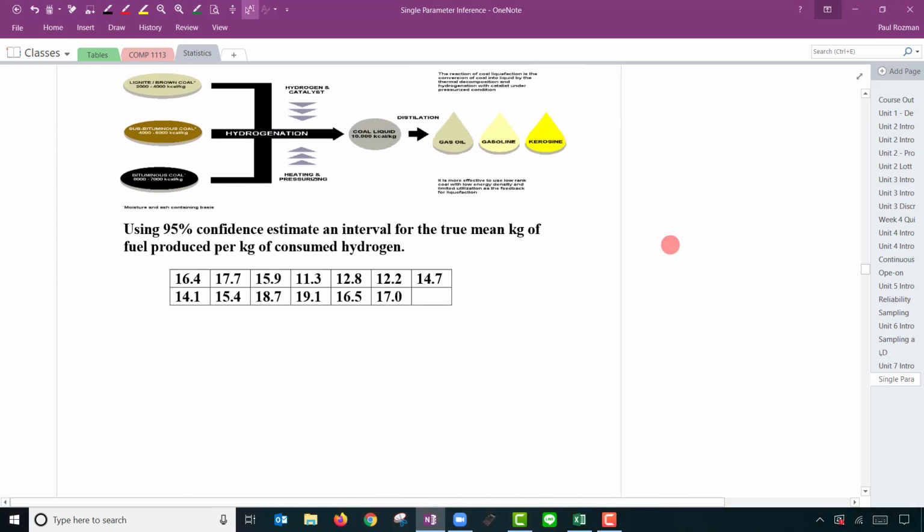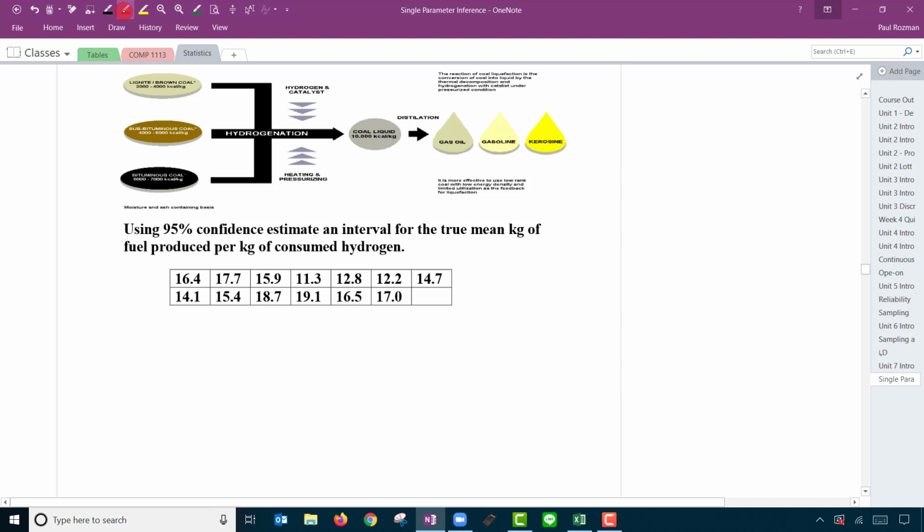So we do a test, and we take a few samples here, and we measure the kilograms of fuel produced per kilogram of hydrogen consumed in the process. And here's our data. It's a really small data set. 2, 4, 6, 8, 10, 12, 13 values. So our n is very small.